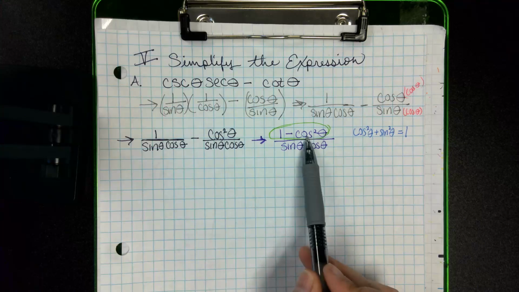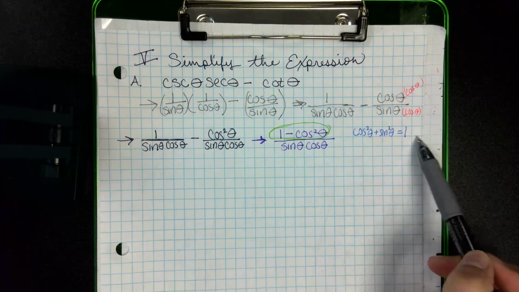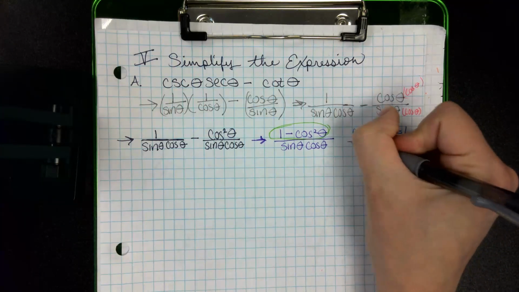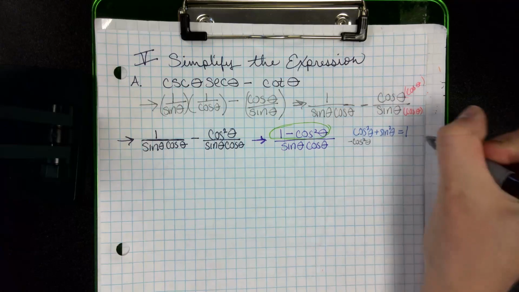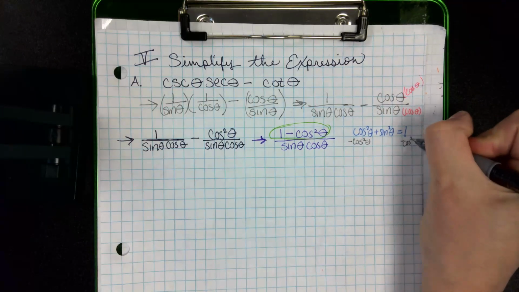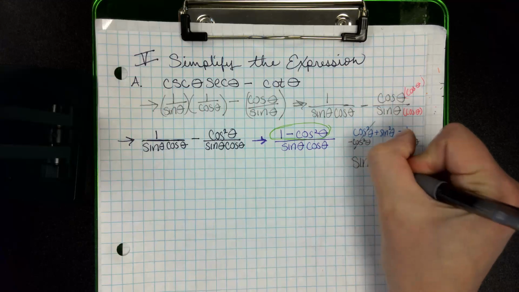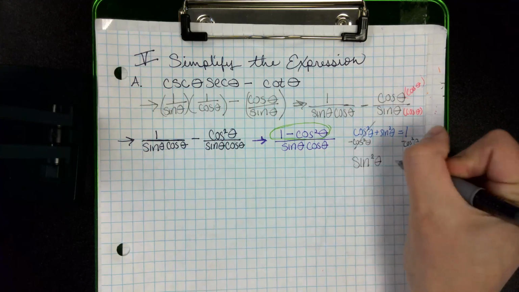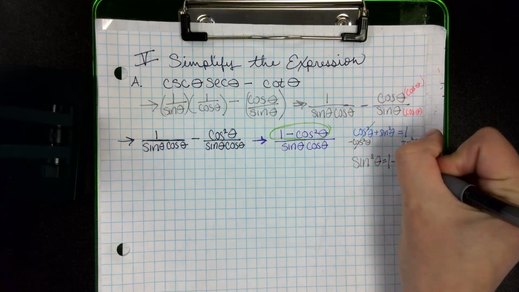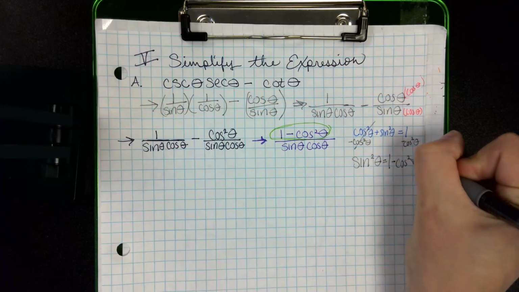Well, the 1 and the cosine are together, so I need to move this cosine over. I'm going to subtract cosine squared theta from both sides. So now I have sine squared theta equals 1 minus cosine squared theta.